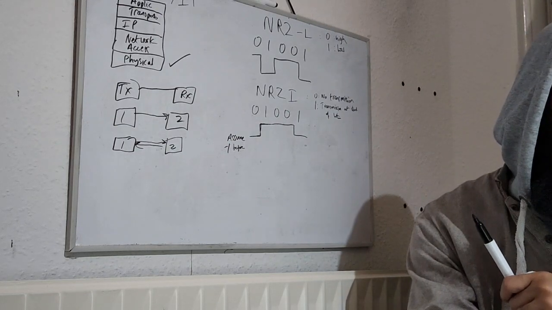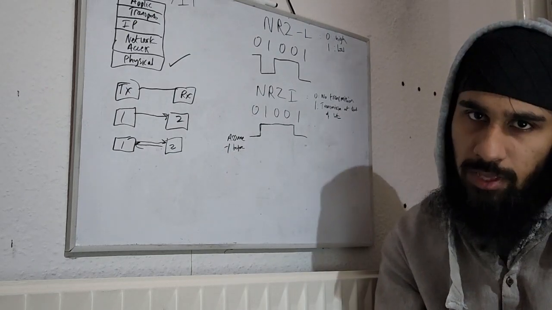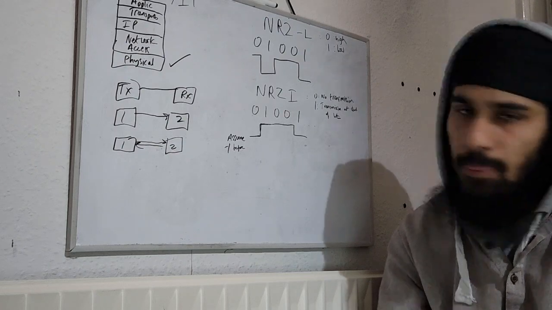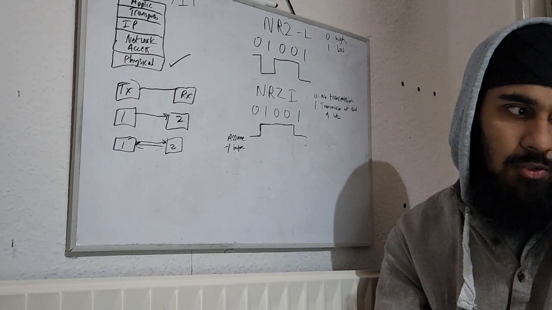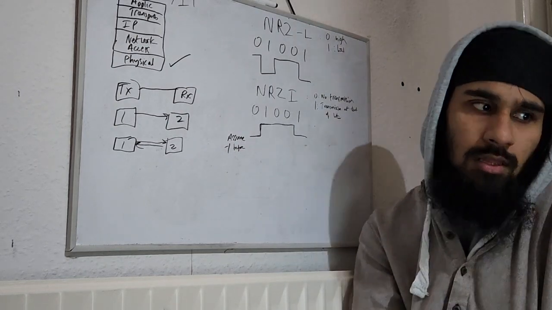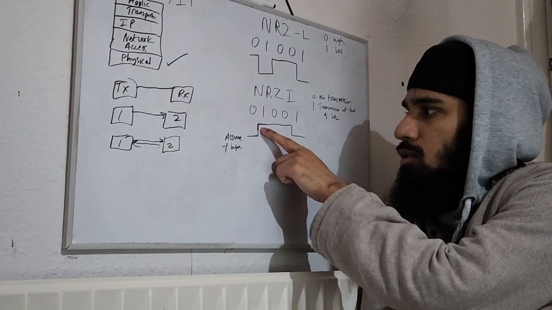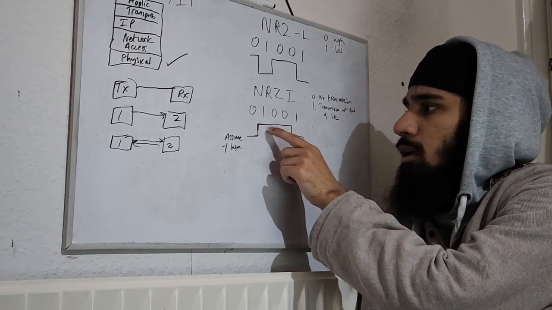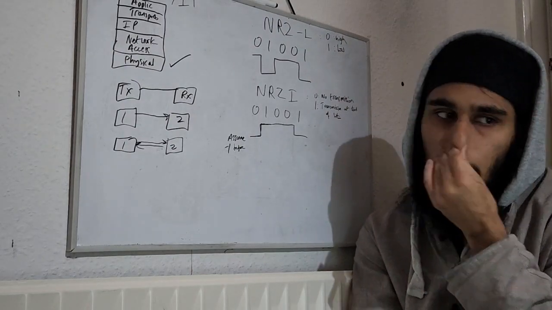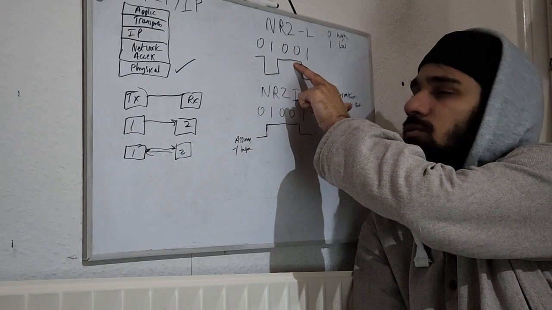So there are some pros and cons of using this. It's an efficient use of bandwidth, and it's easy to implement. However, the problem is due to DC component. You see here, it's always the same, so that can be a problem. And here as well there's a continuous.